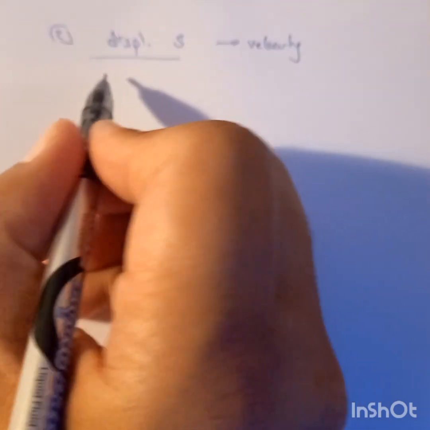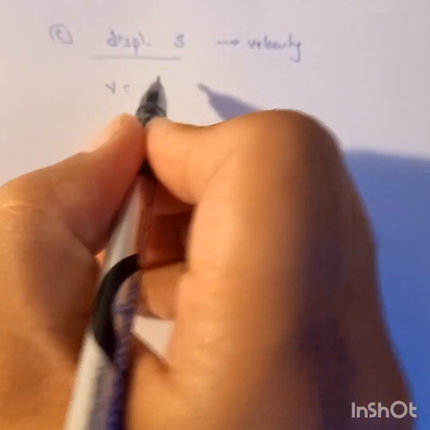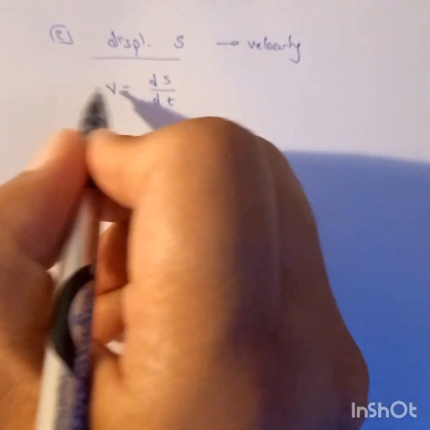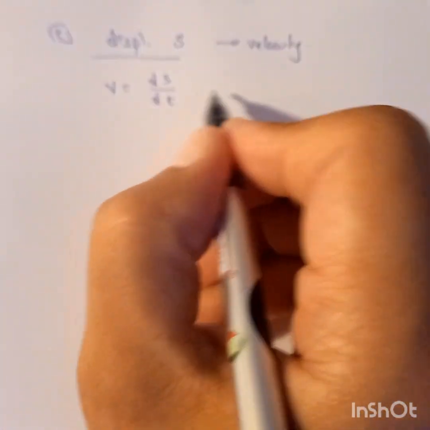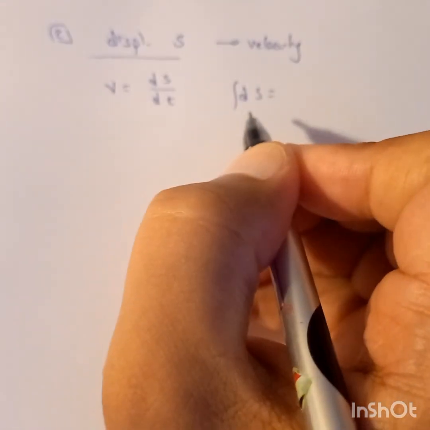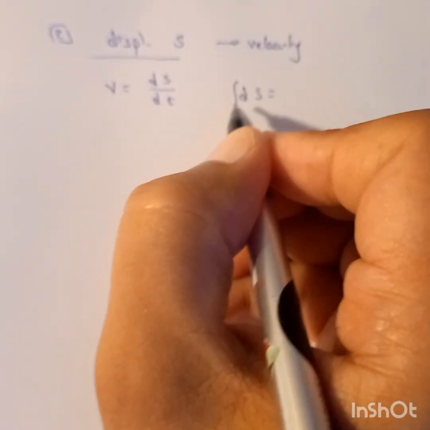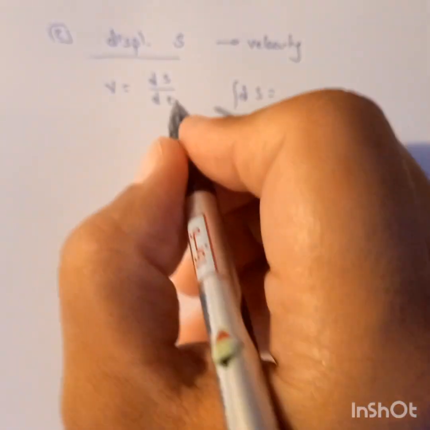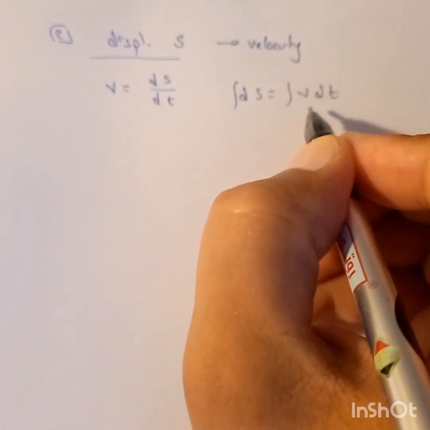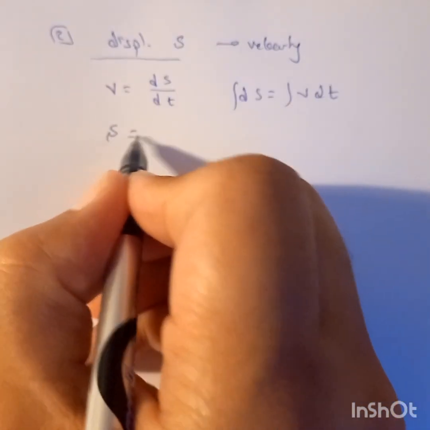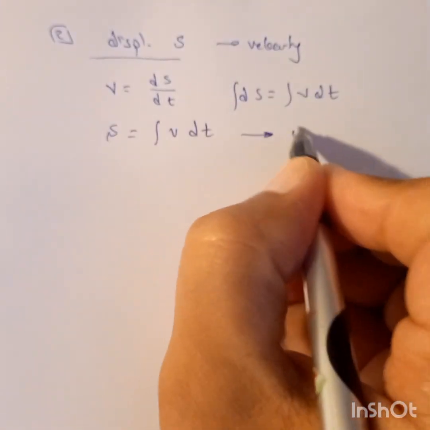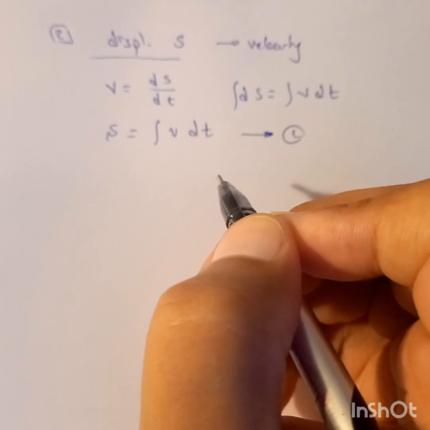Here we have v equals ds/dt. By separating the variables, we have ds equals v dt, and taking the indefinite integration of ds equals the indefinite integration of v dt. Then we have s equals the integral of v dt, and this is relation number 1 by using indefinite integration.